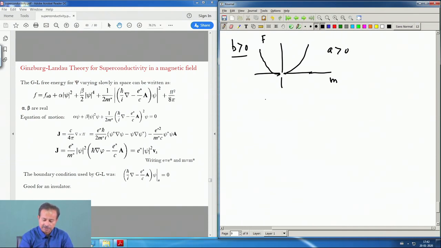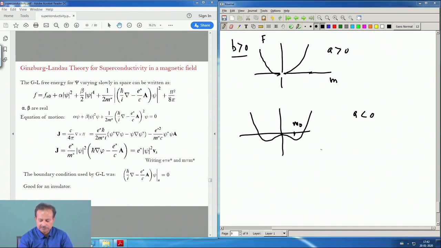Now I make a less than 0. Then you will see that the curve now looks like this. The m equal to 0 solution, which was the minimum, is no longer the minimum. The minimum has shifted to m naught. How much is m naught? I can easily find out. I can just do del f del m equal to 0.